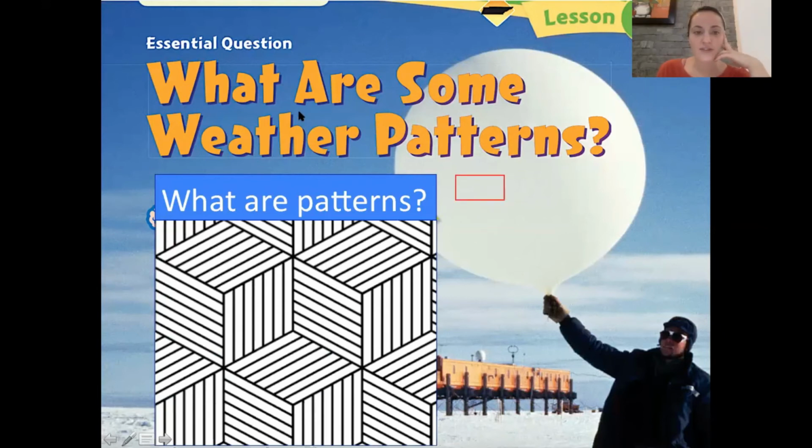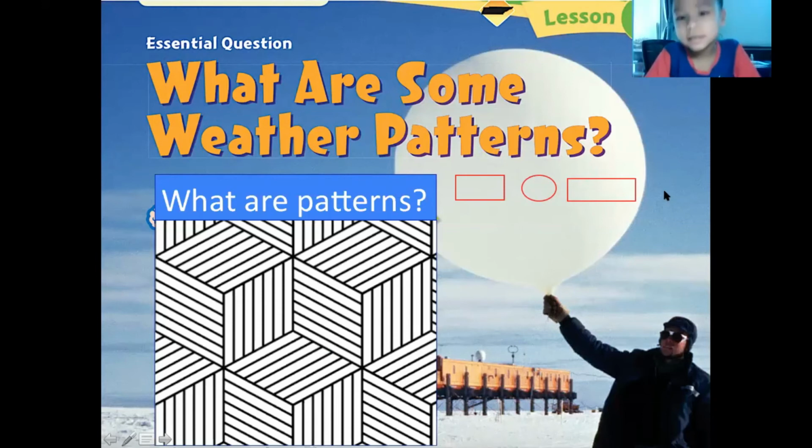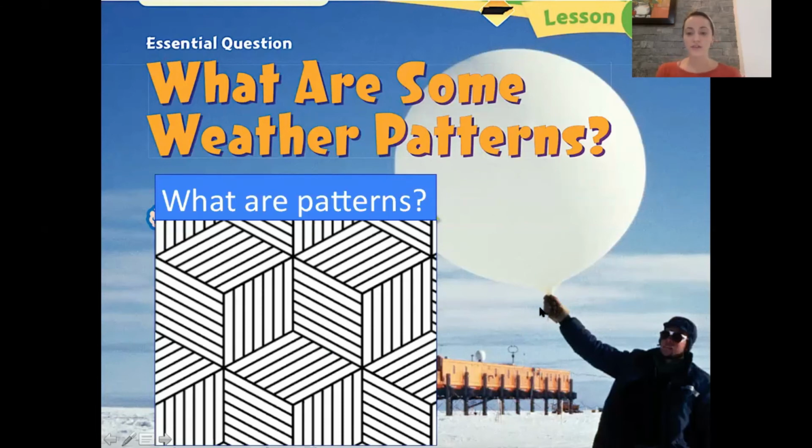So if I have square, circle, square, in this pattern that repeats, that happens again and again, what would be the next shape in this pattern? It is the circle. A circle, very good. So weather repeats itself too. Weather has patterns that we see again and again.